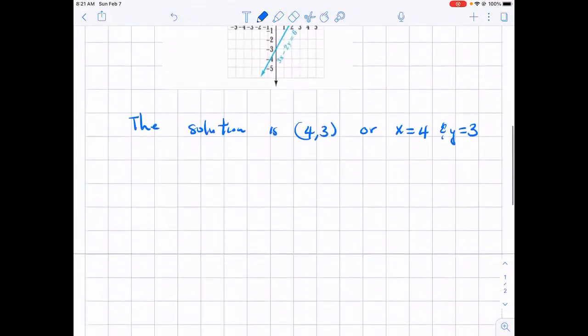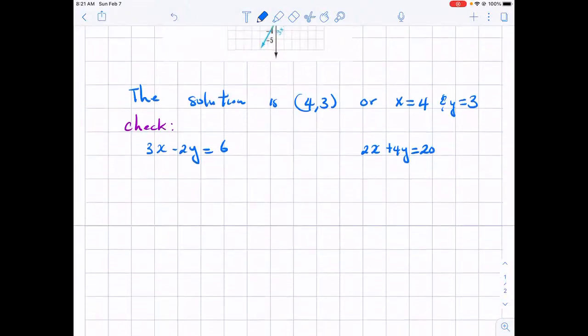Now, if we check our answer, as I said before, it must satisfy both equations. So we have 3x minus 2y equals 6, and we also have 2x plus 4y equals 20.